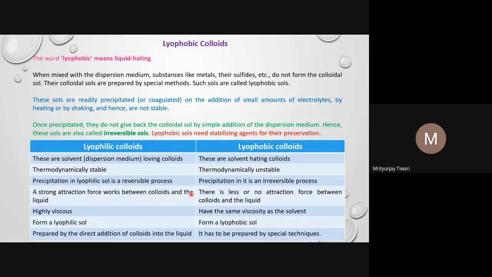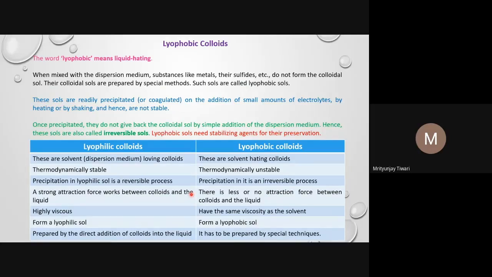When mixed with the dispersion medium, substances like metals, their sulfides, etc. do not form colloidal sols easily. Although metals and their sulfides are solid, they are heavy, and these particles do not form colloids very easily, and they do not have much interaction with water.